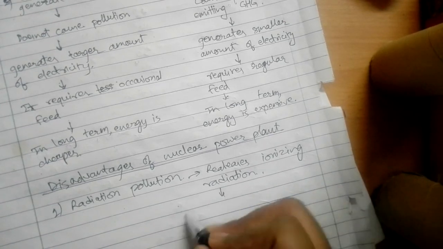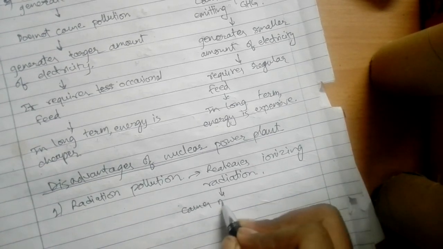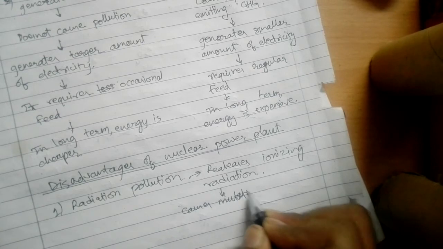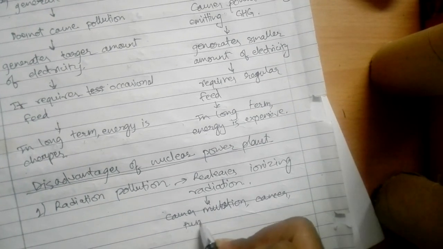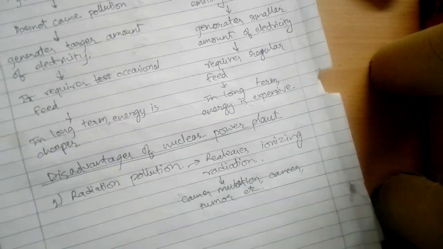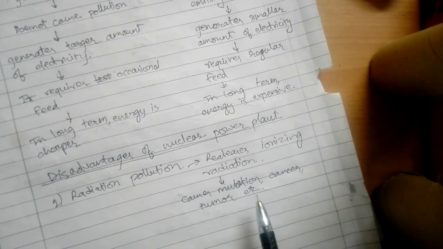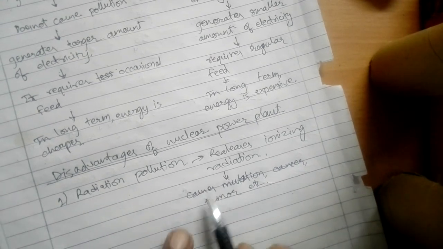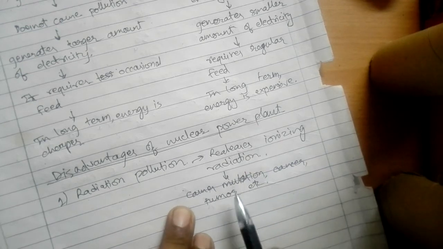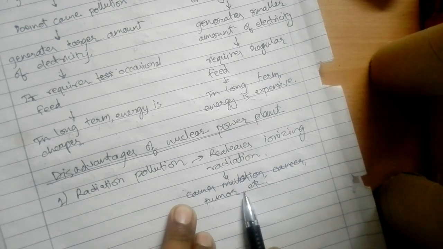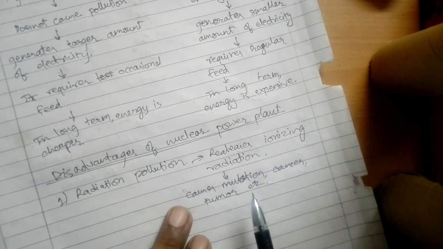So it generally causes mutation, cancer, tumors, etc. And these are very serious disadvantages of nuclear power plants. And for the same reason, it can also be used as a biological weapon.